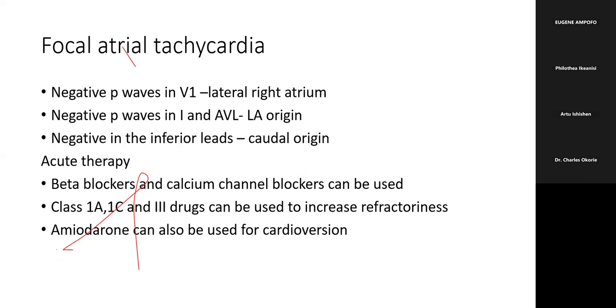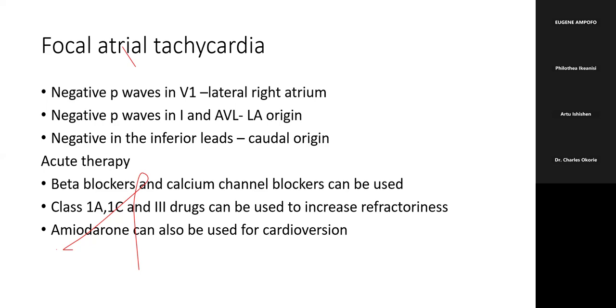A negative P wave in lead 1 and aVL shows it's coming from the left atrial origin. If we have negativity in the inferior leads, it shows that the origin is a bit caudal. Then the treatment, the acute therapy: beta blockers and calcium channel blockers can be used.